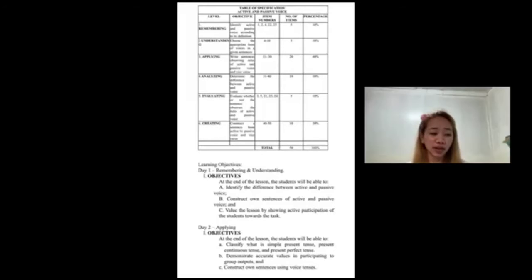So it connects to applying in the table of specifications, which has an objective of writing sentences observing rules of active and passive voice and vice versa.